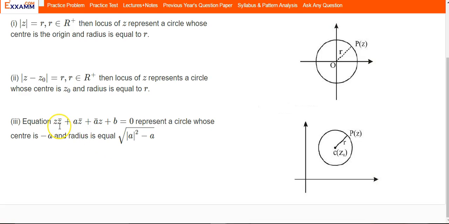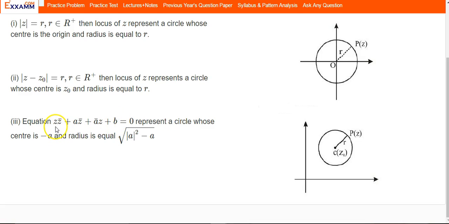Now what was the general equation of a straight line? It was a z bar plus a bar z plus b, where b was a real number. I cannot emphasize enough the importance of b being real here.